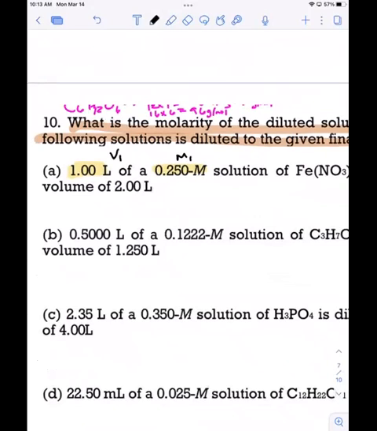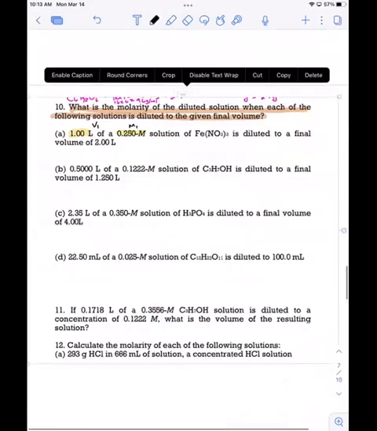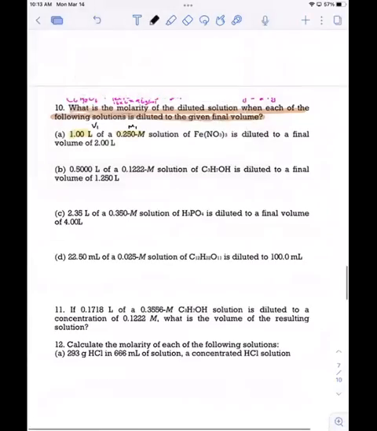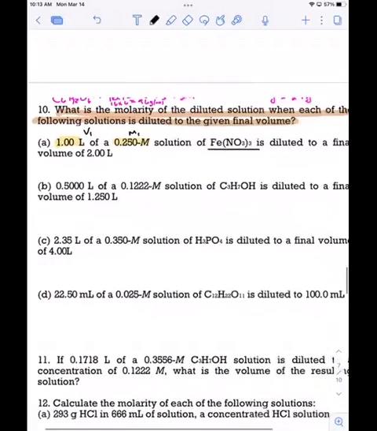But it's the same thing and you manipulate it the same way. There's no difference, right? And it says the solution is iron nitrate, iron 3 nitrate. And it's diluted to a final volume of 2 liters.